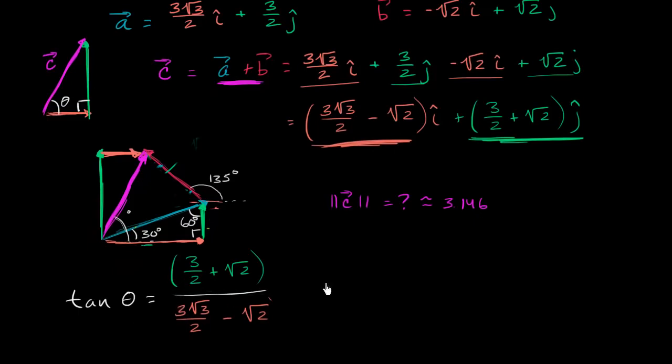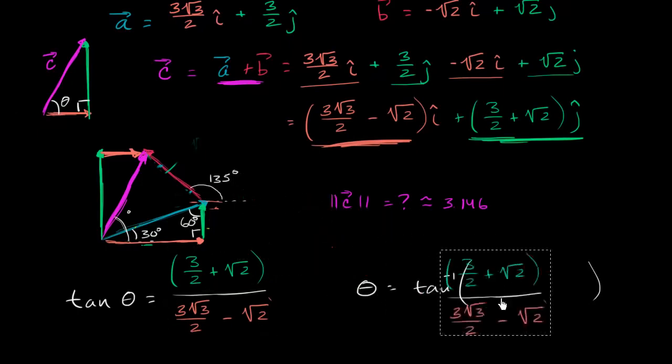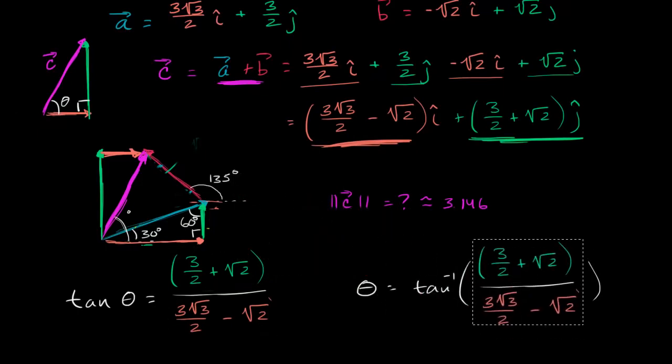Or we could say that theta is equal to the inverse tangent, sometimes called the arctangent, of all of this. So let me copy and paste that right over there. And let's put that into our calculator and see what we get.